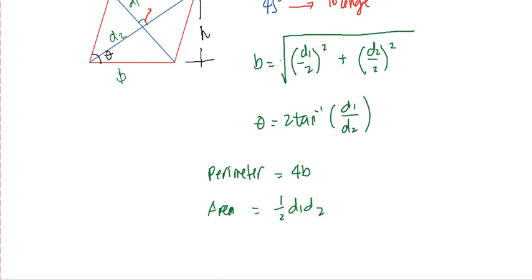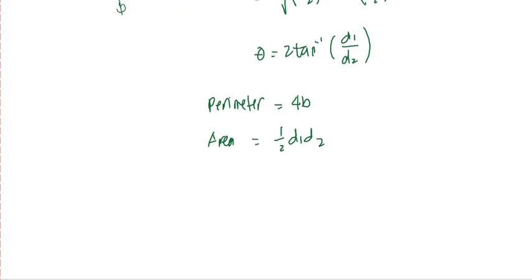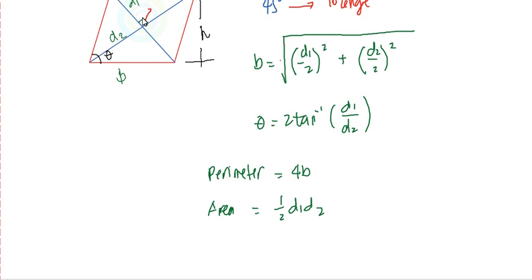Okay? So one formula for finding the area of your rhombus is one-half D1 D2. So note that the angle formed by the two diagonals is 90 degrees.